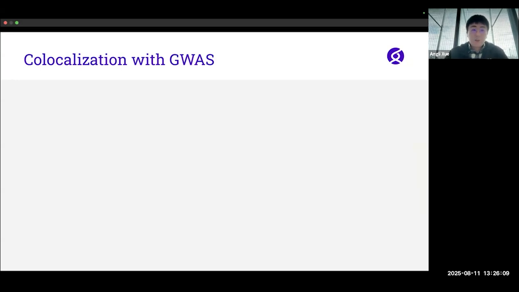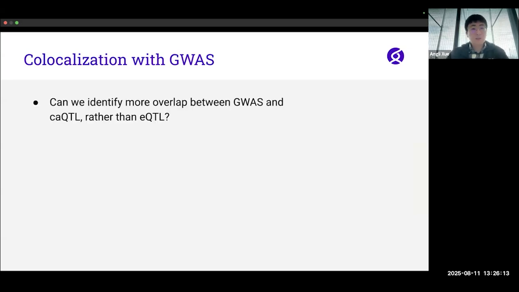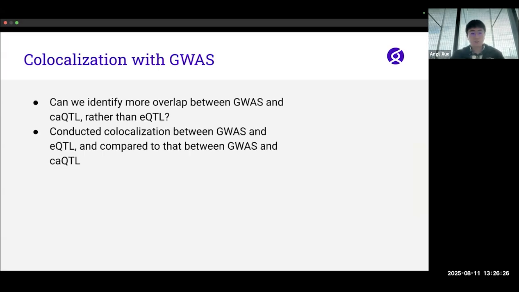We next try to answer the question: what is the colocalization with the GWAS results? Can we identify more overlap between the GWAS and the caQTL rather than using the eQTL? As I mentioned in the first few slides, there's limited overlap between the GWAS and the eQTL colocalization in the previous study.